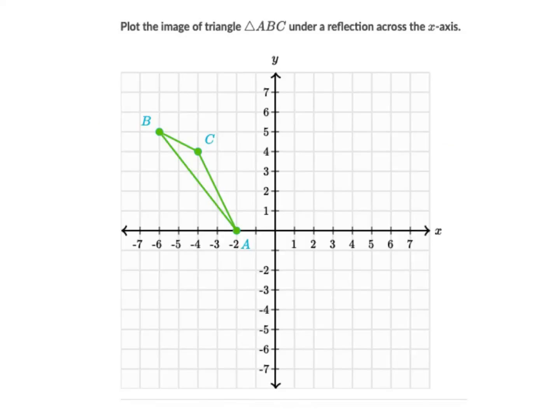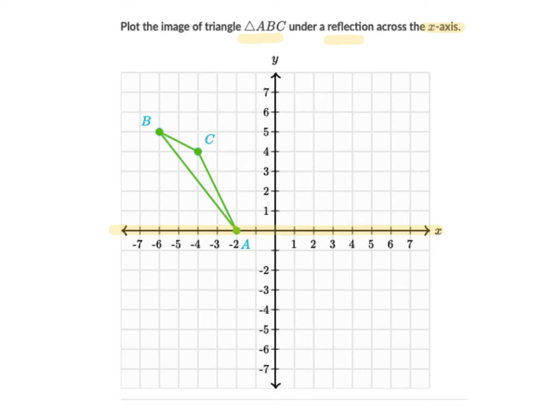For question 3, we're going to plot the image of triangle ABC under a reflection across the x-axis. So your first step would be to identify the x-axis. That's right here, the horizontal line. Now we go point by point. Our first point A is already on the x-axis.